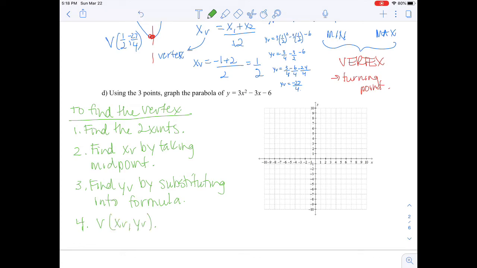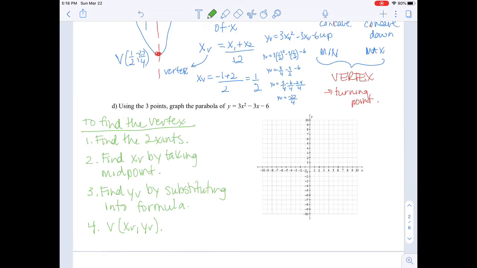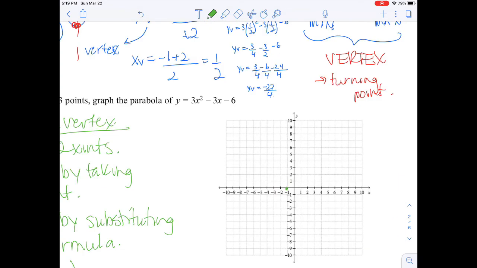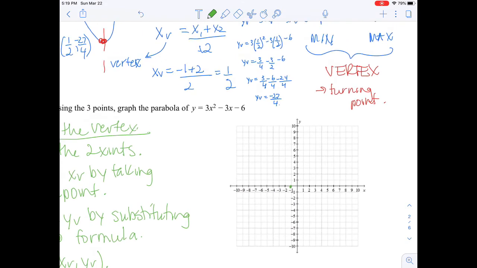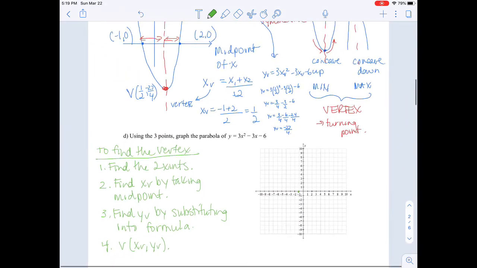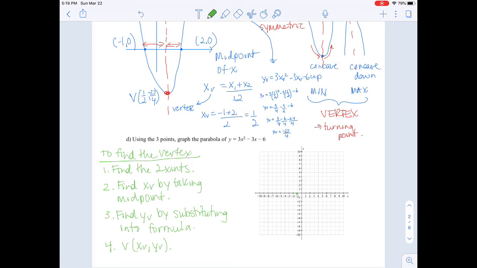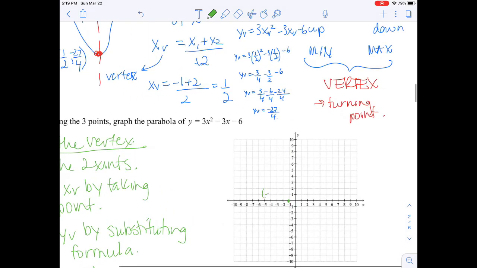All right, so using the 3 points now, we can graph the parabola. Okay, so we've got -1, 0, 2, 0. We know that -27/4, what's that? That's going to be -6.75.